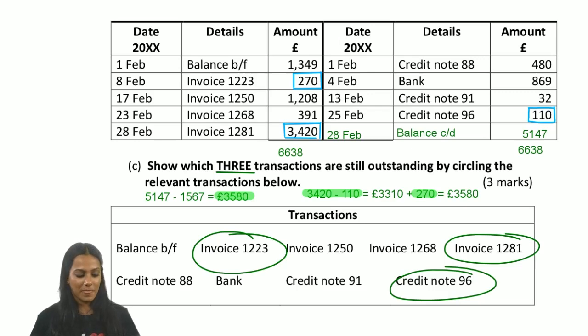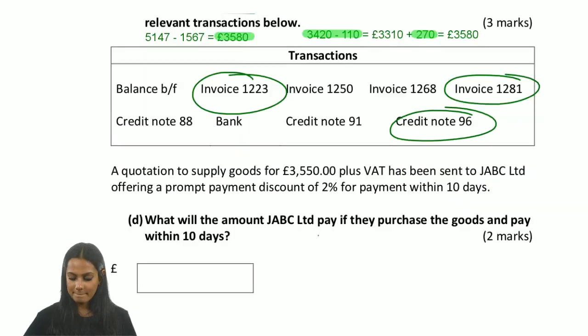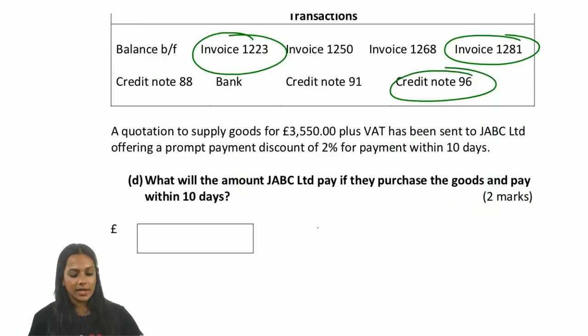Let's move on to the final bit, which is part D of the question. A quotation to supply goods for £3,550 plus VAT has been sent to JABC Limited, offering a prompt payment discount of 2% for payment within 10 days.